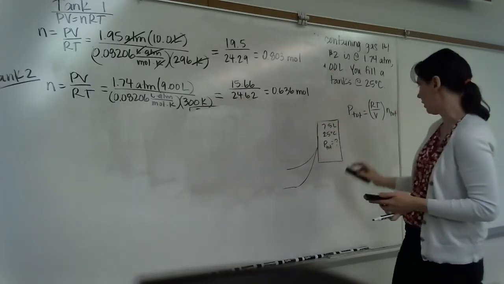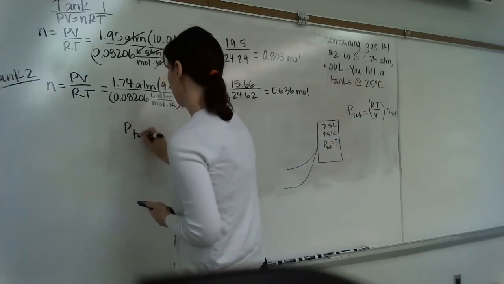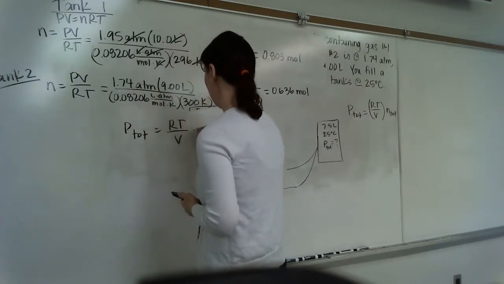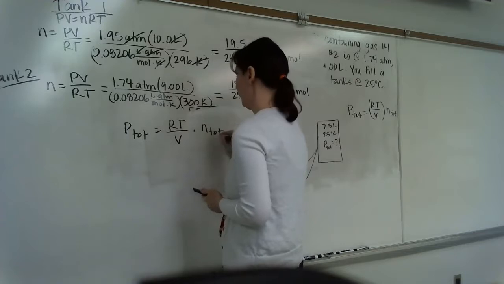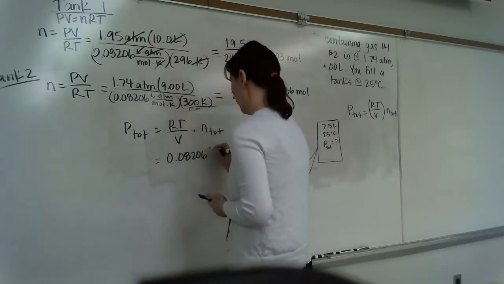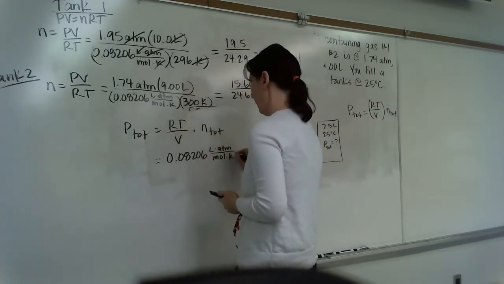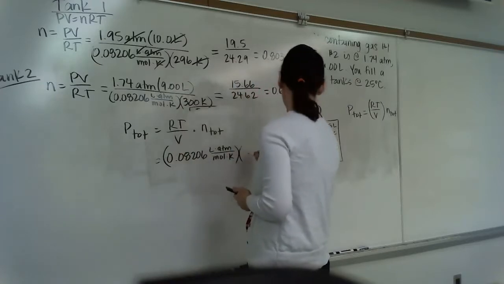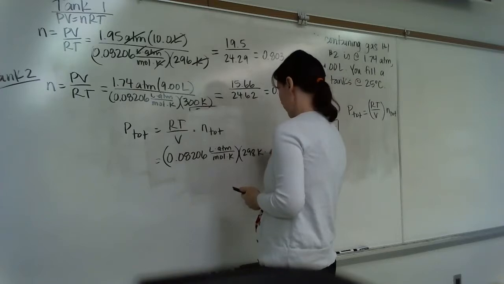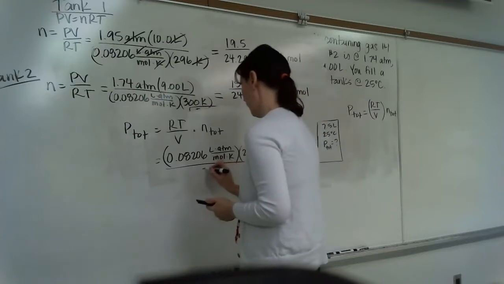So P total is RT over V times N total. So 0.08206 liter atmosphere per mole Kelvin. Temperature here is 298. And the volume, 7.5 liters.